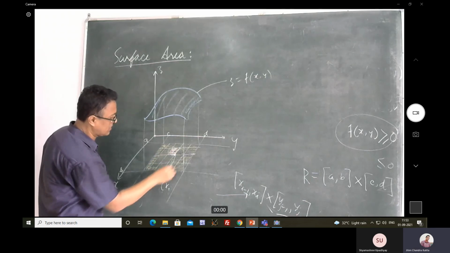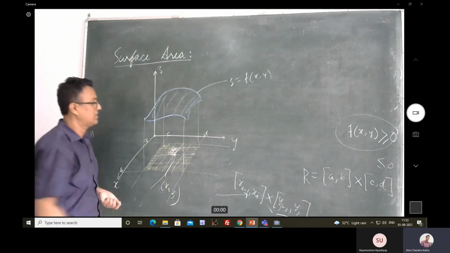Okay, suppose I am considering this point x_i, y_j.